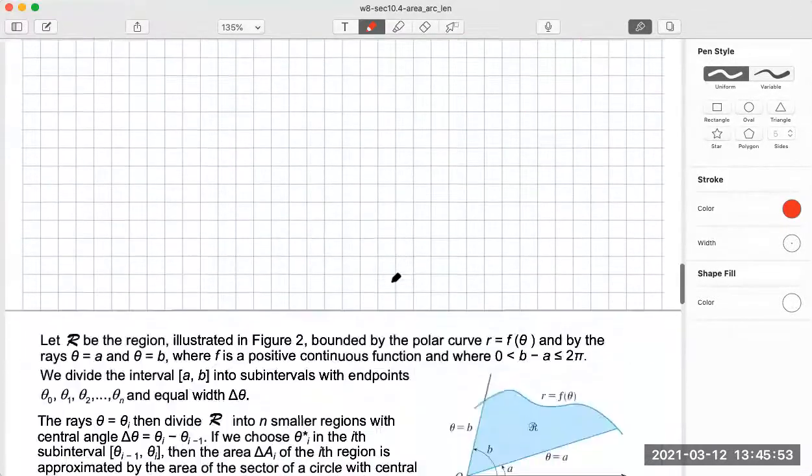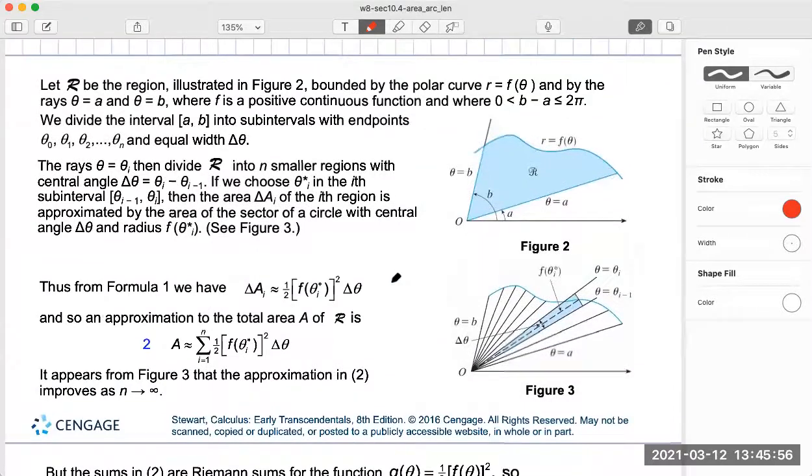Then, now, you can imagine this way. In order to find the area in this figure of the curve, r is f of theta, which is this curve.